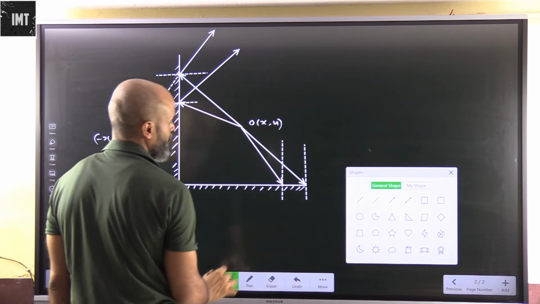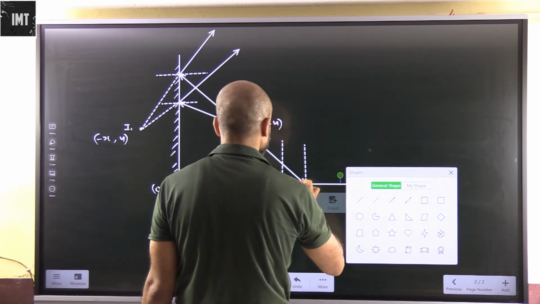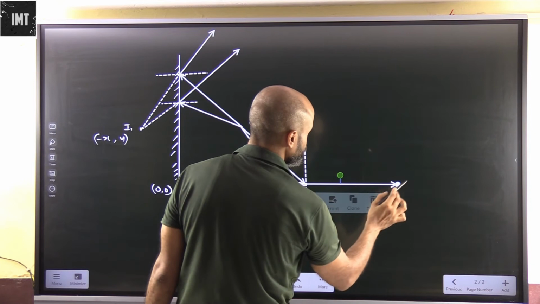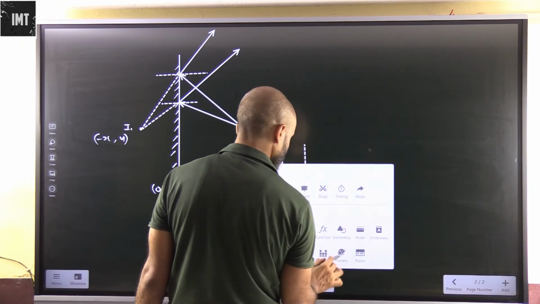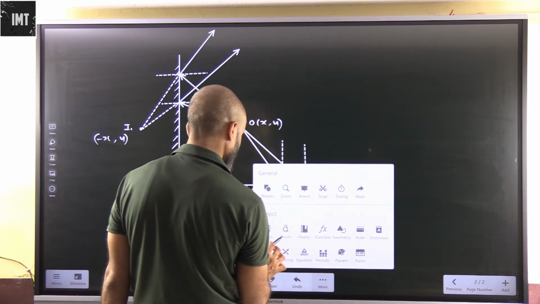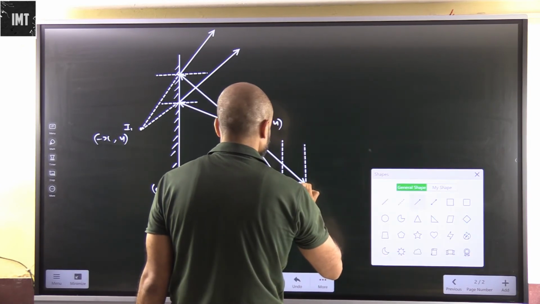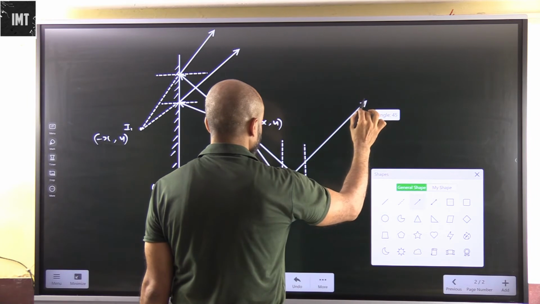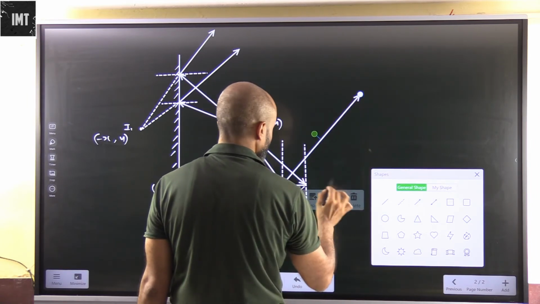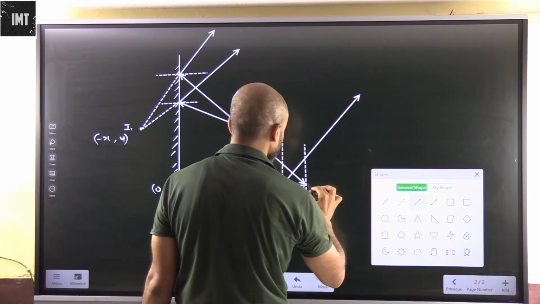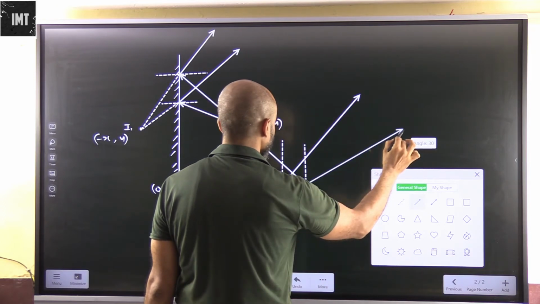Okay, so after reflection, this will move on like this, and since this angle is greater, this will move on somewhere like this.